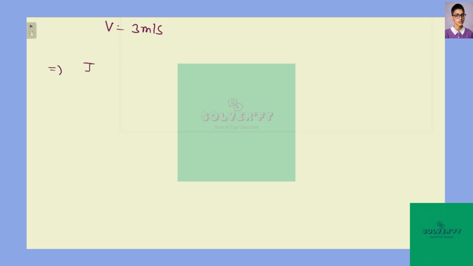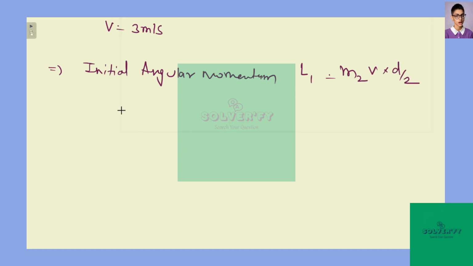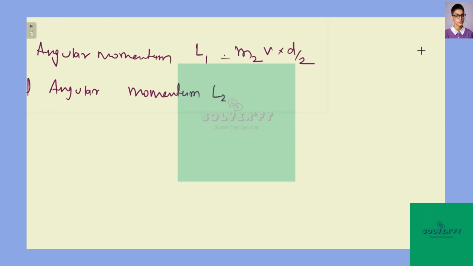So the initial angular momentum is L1 equals m2 into v into d by 2, and the final angular momentum is L2, the momentum of the putty plus the momentum of the balls.